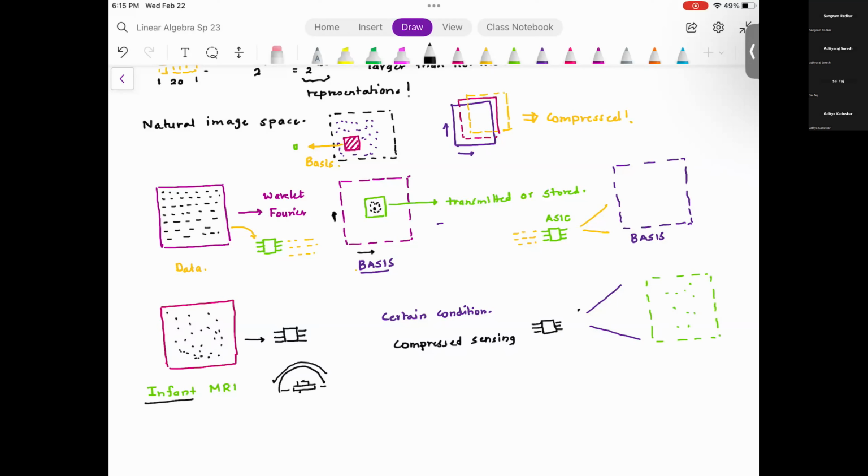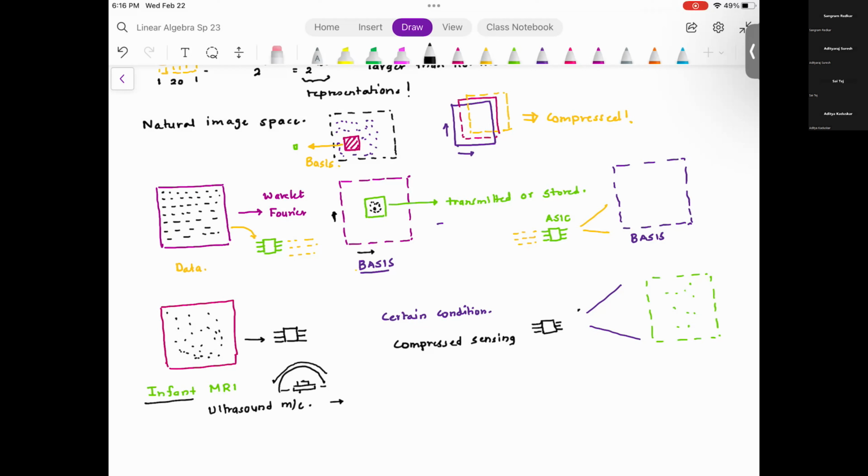Even ultrasound machines use compressed sensing. And all this is possible because the data that we are getting has a lot of sparsity, which means that the data has a lot of junk that can be thrown away, and we can focus on the essential part of the data.